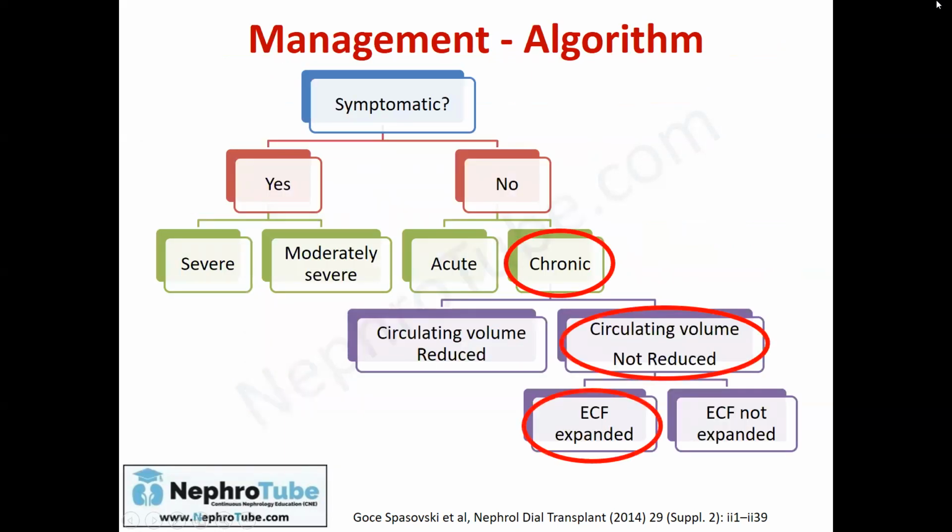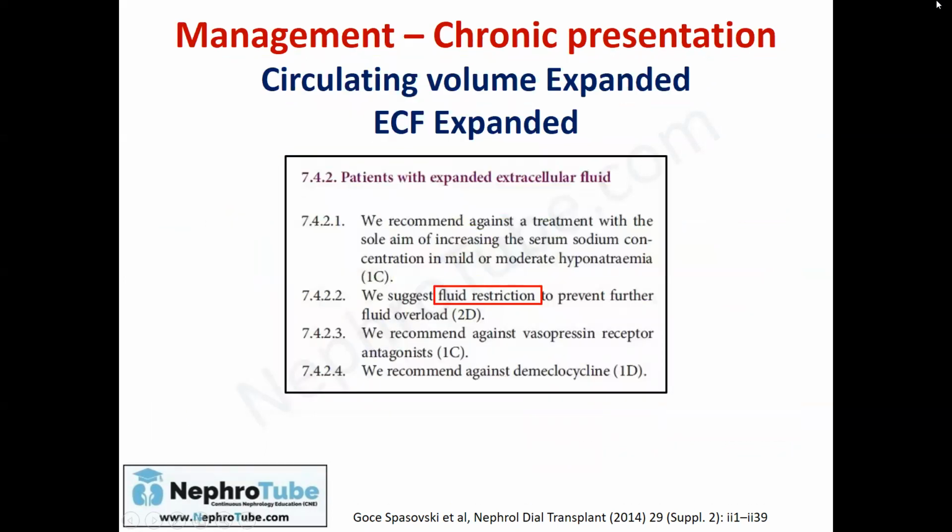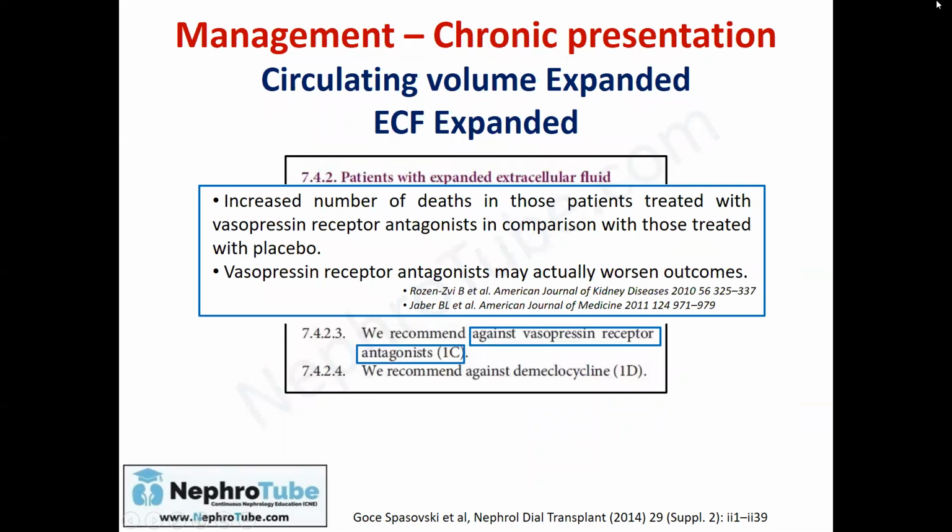What if the circulating volume is not reduced? Is the patient edematous or not? If the patient is edematous, as in case of heart failure, liver cirrhosis, or nephrotic syndrome, the mainstay is fluid restriction. And these guidelines go against the vasopressin receptor antagonist use because of its side effects and its cost, and it also needs experts to use it.